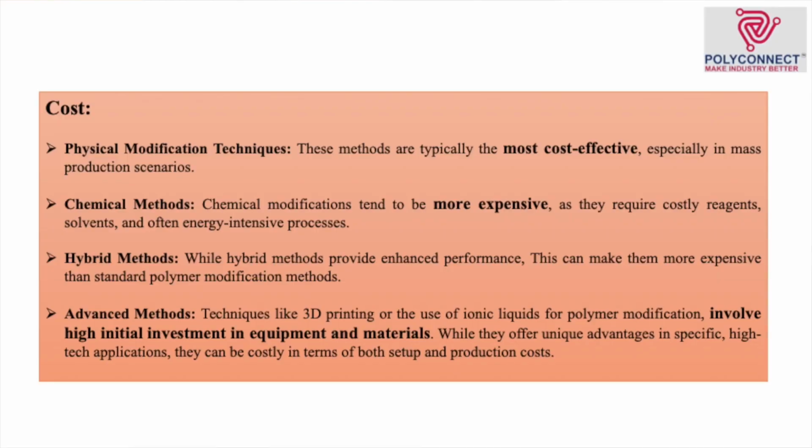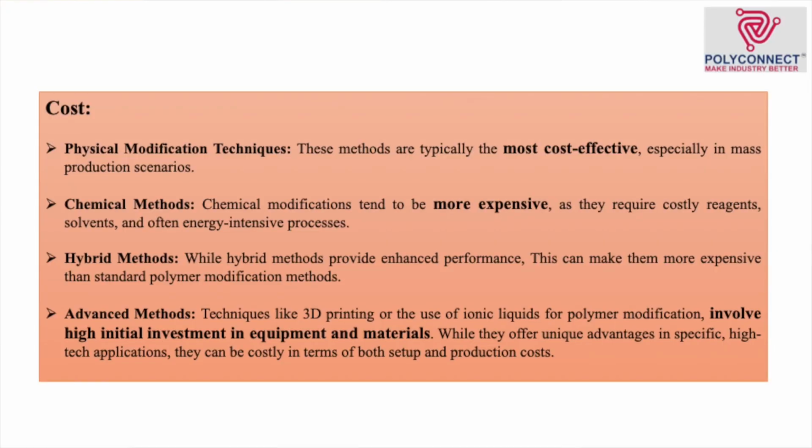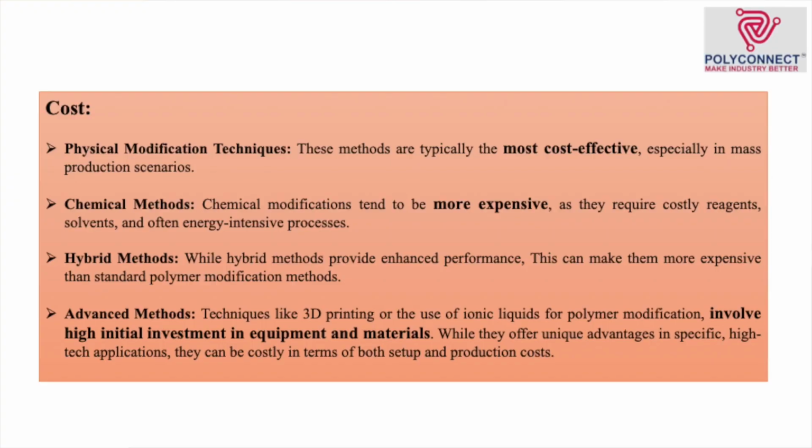There are cost involvements: physical modification is the most cost effective. That is what we do very well in the PVC and filler industries. Chemical methods are expensive, then hybrid methods, and some advanced technologies like 3D printing are coming into the industries.